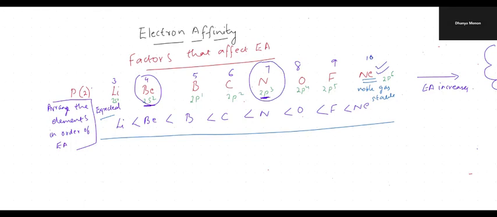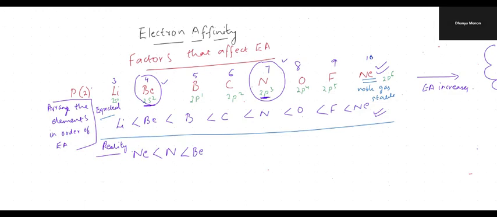So in reality, taking these factors into consideration, what will be our order? Neon will have the least electron affinity. It is almost zero, very, very less. It doesn't need any, because you know that noble gases are unreactive. They're already stable. That will be less than nitrogen, because it is half filled. Then we have beryllium because of the s subshell, which is fully filled.